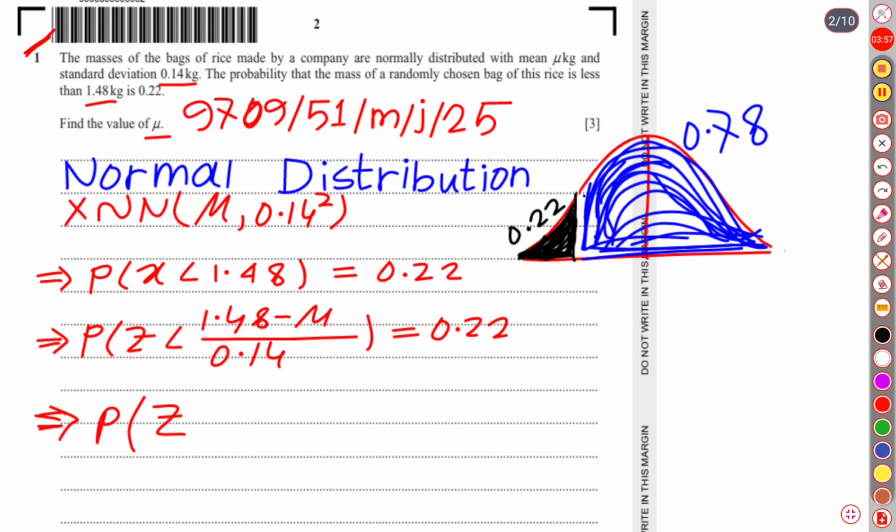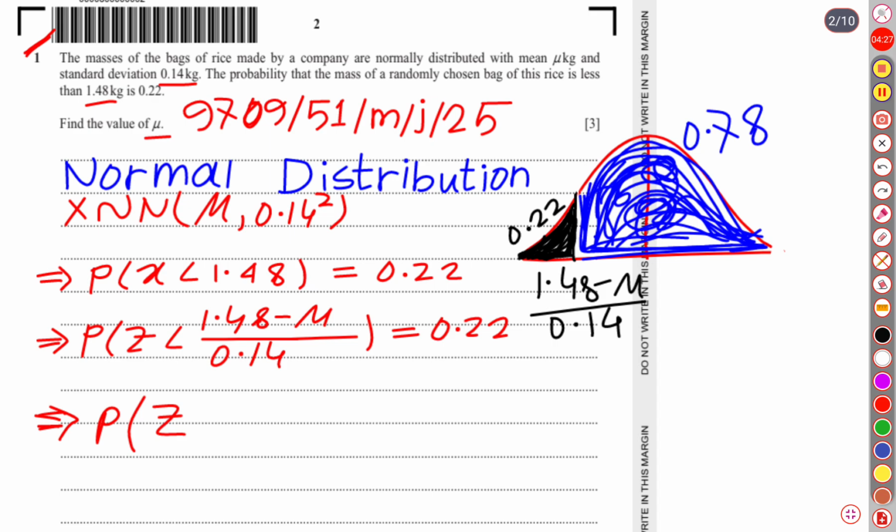Now we will decide the direction of the z-score. The z-score has already been decided, this is our z-score: 1.48 minus mu over 0.14. So what does it mean?